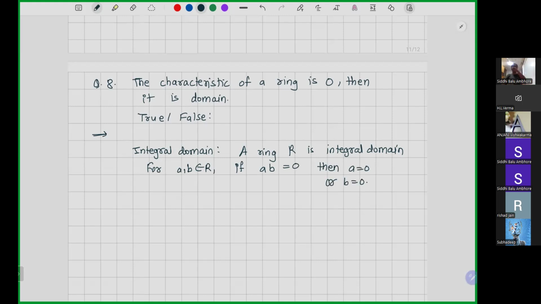One of them needs to be 0. So the claim is: characteristic of a ring is 0, then it is a domain. That is your guess?